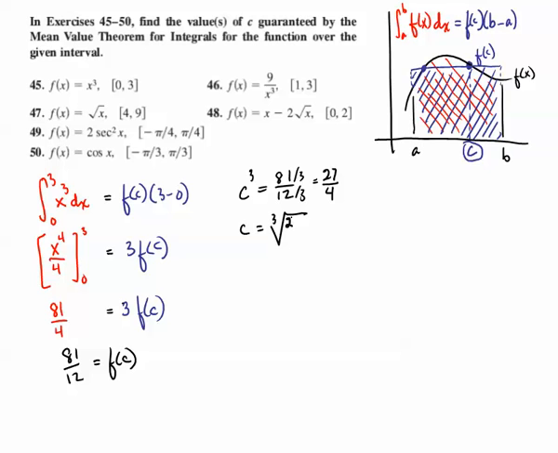So I want the cube root of 27 over 4. We know that the cube root of 27 is 3, so it's 3 over the cube root of 4. I will go back and verify all this using the calculator.